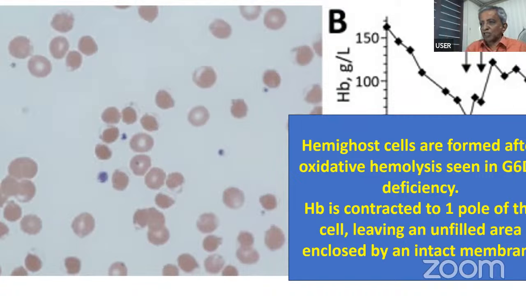So here you find the whole thing is pushed to one side. Half the portion is hemoglobinized, half is not. Therefore, it is called a hemighost cell. So there are two findings that tell you it is likely to be G6PD deficiency: hemighost cells or bite cells. If there are bite cells, also think of alpha thalassemia.